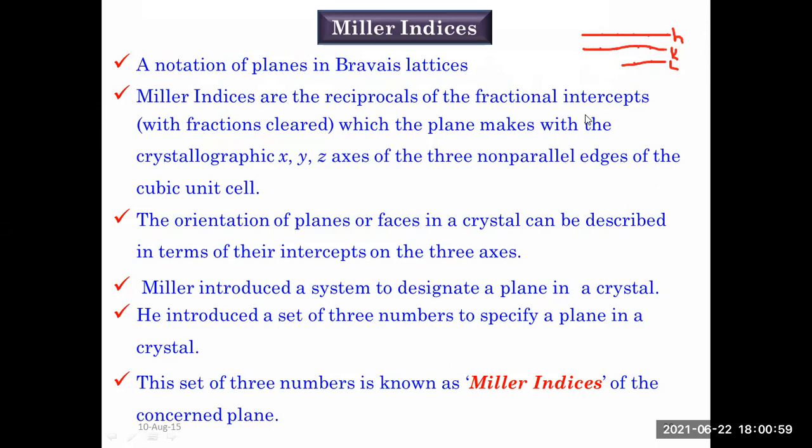Now we start with today's topic of Miller indices. The examination will ask you what are Miller indices and how are they obtained. The question will be like this, so you can make a note of it: what are Miller indices and how can they be obtained?